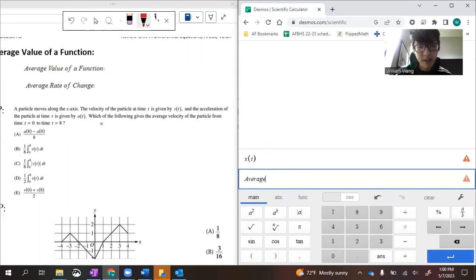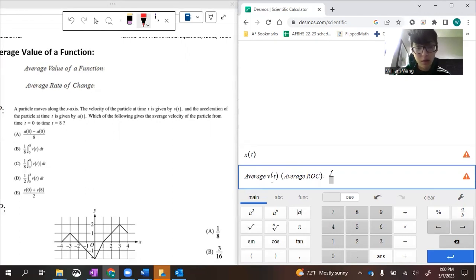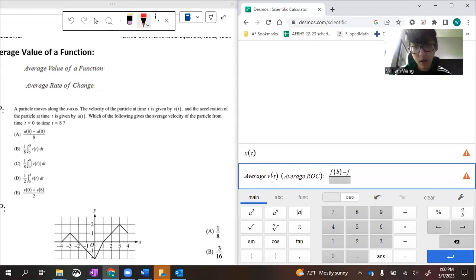If I want to find the average velocity, that's basically saying I want the average rate of change, since velocity is the derivative of position, right? So that follows this equation, which we should already be quite familiar with: F of B minus F of A divided by B minus A.